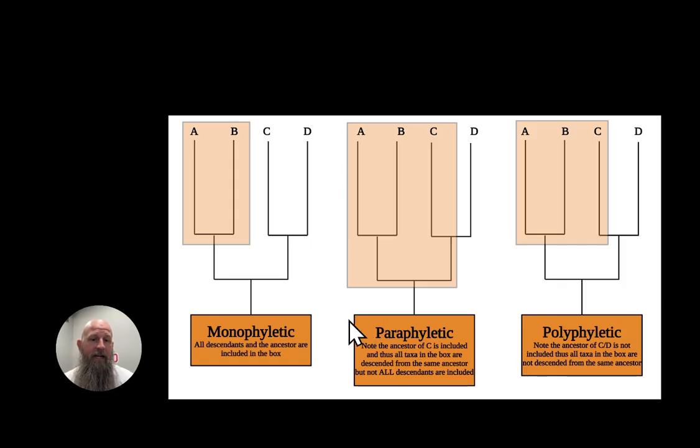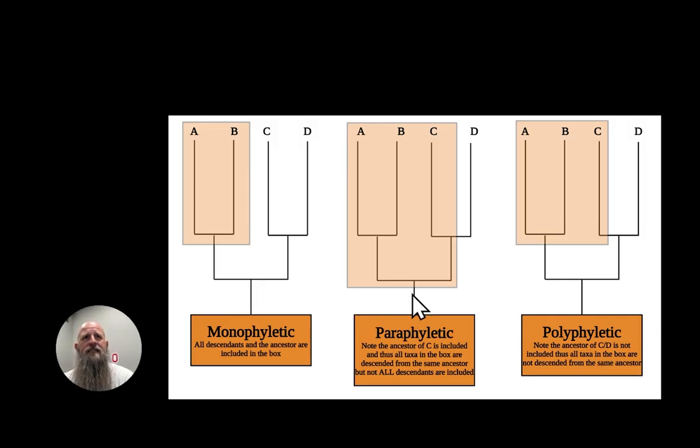In a monophyletic setting, it is all of the descendants plus the ancestor. So here we have grouping A, B. This plus the common ancestor is monophyletic. If we look at C, D plus this common ancestor down here, that would be monophyletic, right? But if I wanted to look at the monophyletic group of the whole thing, I would have to include A, B, C, D, plus this common ancestor way down here, okay?